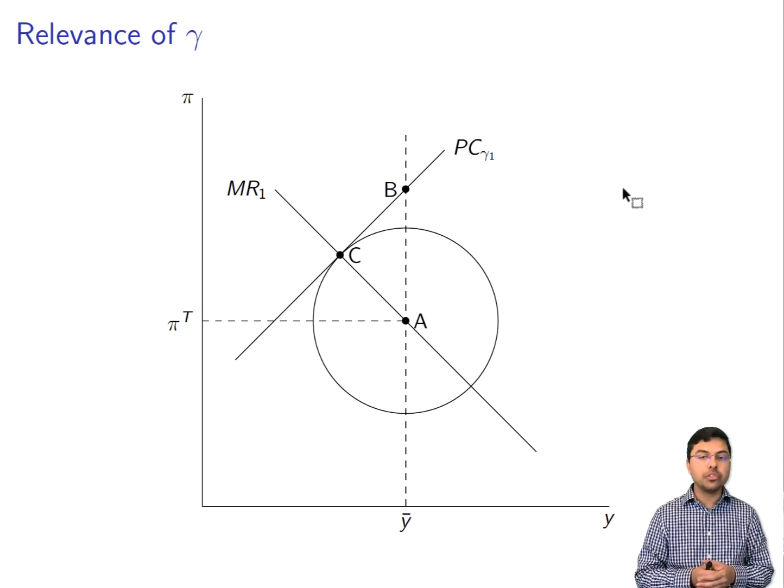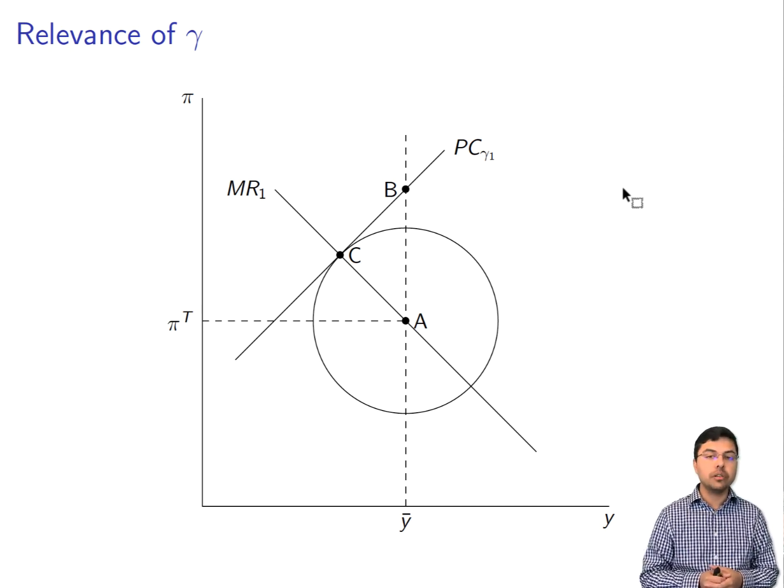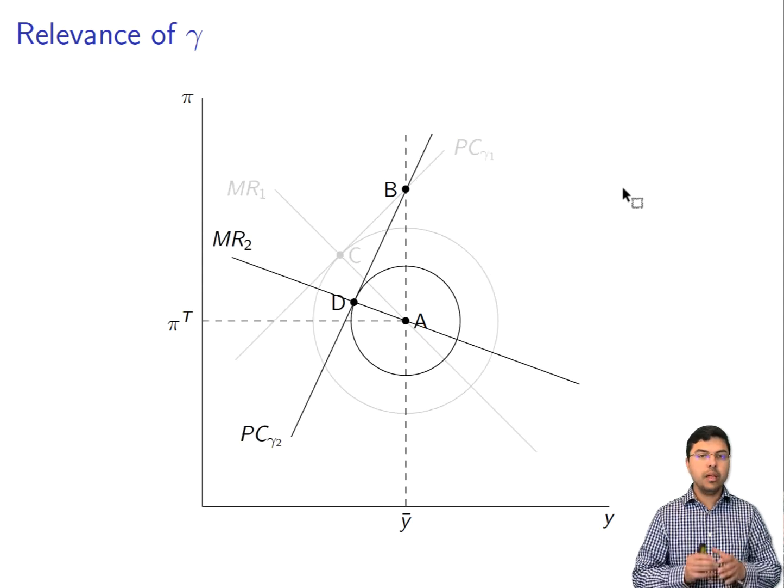Now, what happens if the slope of the Phillips curve is greater than 1? We know from lecture 8.3 that as gamma increases, the Phillips curve becomes steeper. Hence, in this case, the Phillips curve is as shown by PC gamma 2. The new Phillips curve also passes through point B. Due to the inflation shock, the economy is still at point B, same as before.